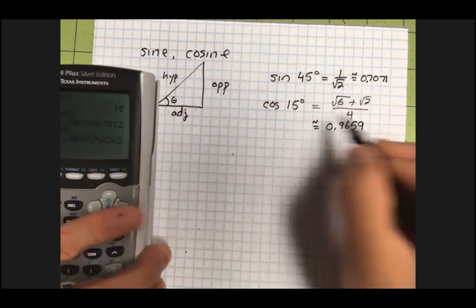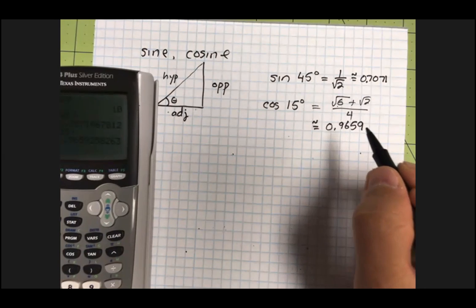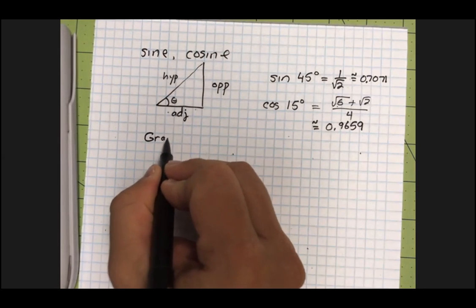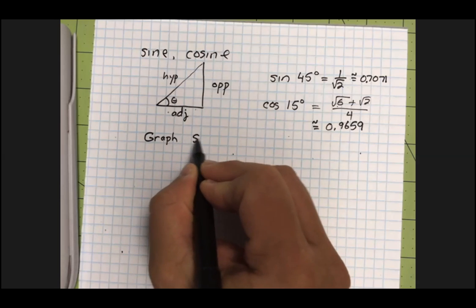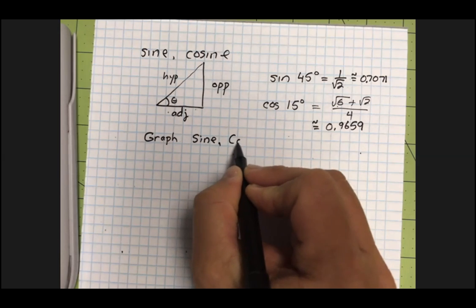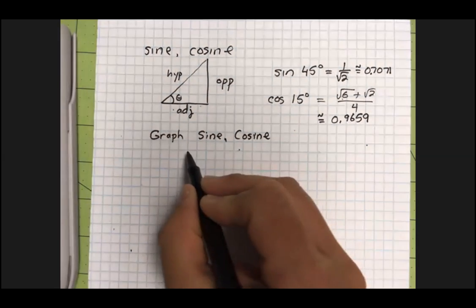And you can do many other angles besides. But what would happen if someone asked you to graph sine or cosine? Then they're asking you for a particular drawing.